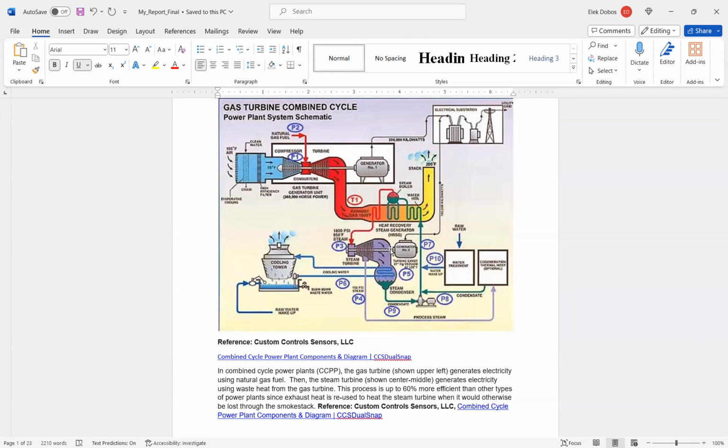This process is about 60% more efficient than other types of power plants, since the exhaust heat is reused to heat the steam turbine. Otherwise, it would be lost through a smokestack into the atmosphere. And again, here's the link for this if anyone's interested. I don't want to go too deep in this, but it has some good reading on this type of setup for a power plant.